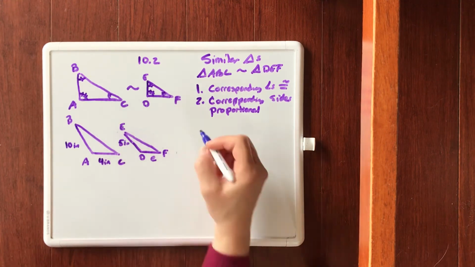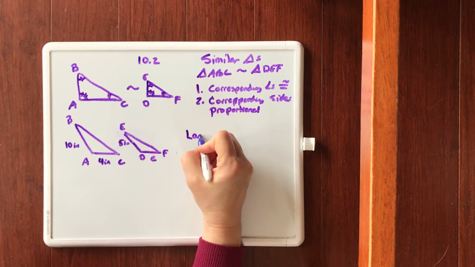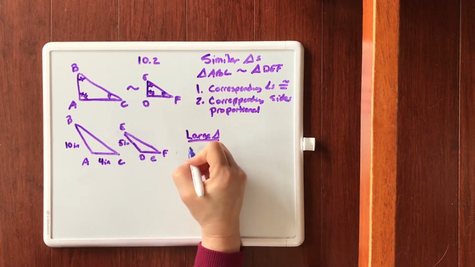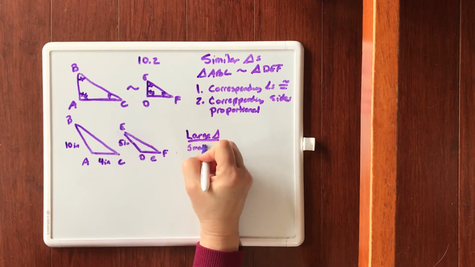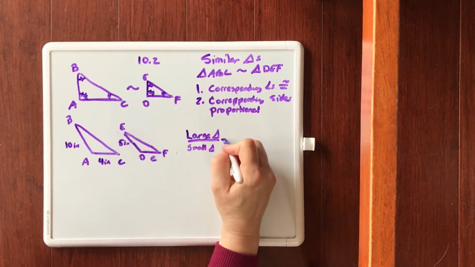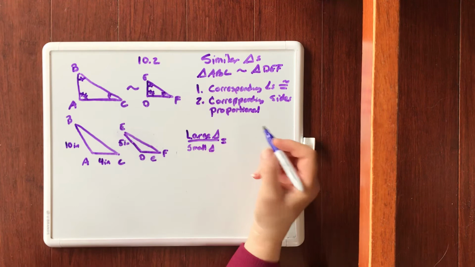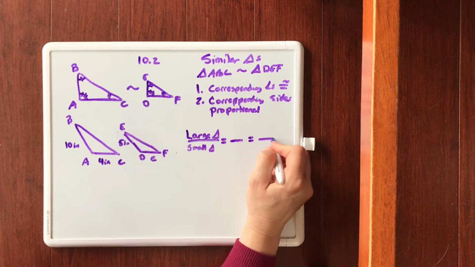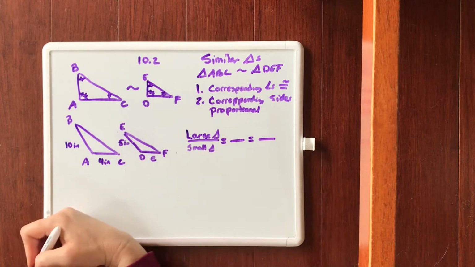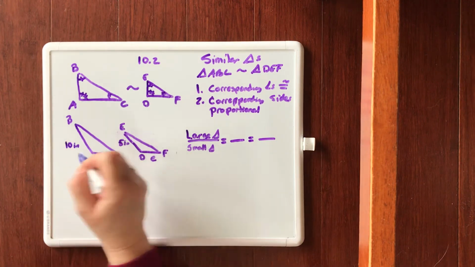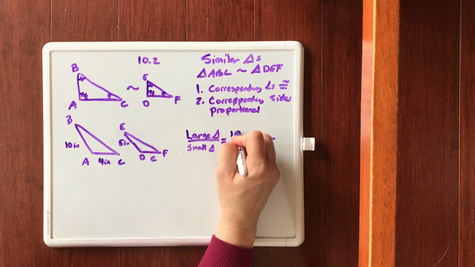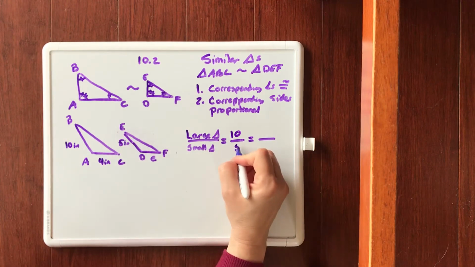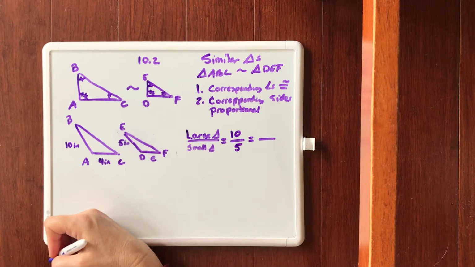Okay, so we're going to look at the ratio of the large triangle to the small triangle. Okay, proportion is when ratios are congruent. All right. So the large triangle here is 10 inches, and the corresponding side is 5 inches. All right.